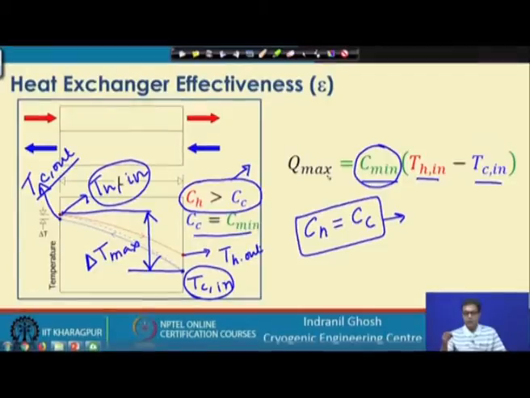It may occur to our mind that Q max should be with C max. So, which is the minimum capacity fluid? The minimum capacity fluid is the cold fluid, C C, that is experiencing the maximum difference in temperature. So, that is why we have multiplied it with the C min.